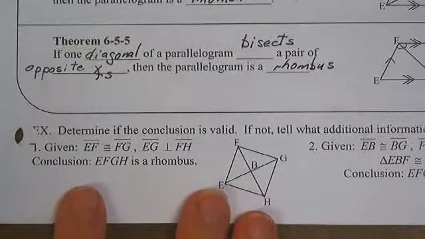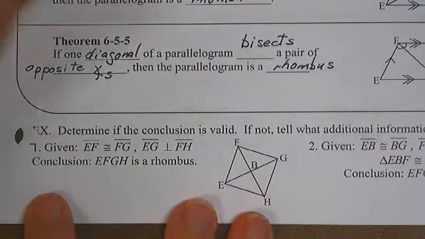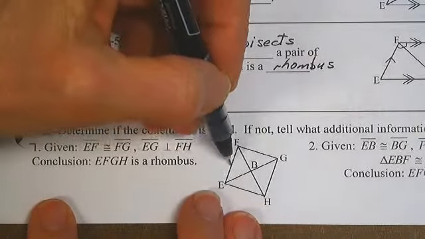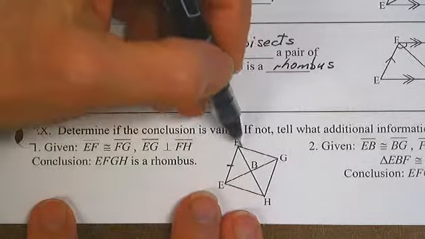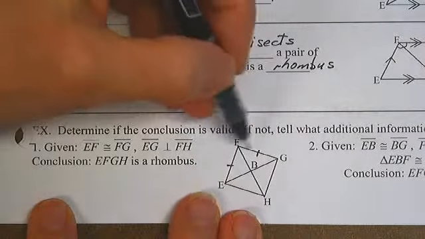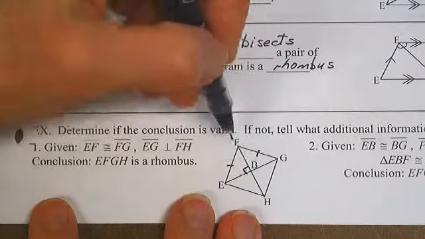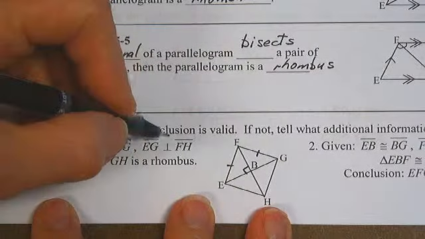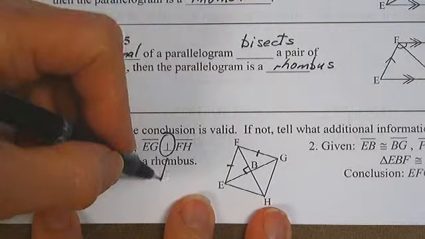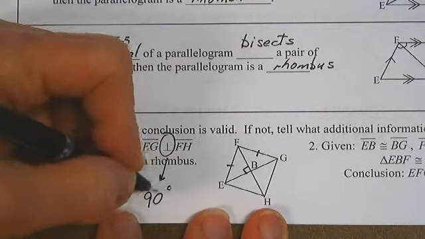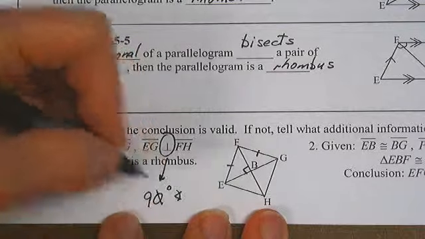Okay, finally, determine whether the conclusion is valid. If it is, you tell why. If it is not, tell why not. Given EF is congruent to FG, EG is perpendicular to FH. What is perpendicular again? Perpendicular means meeting at a 90-degree angle.